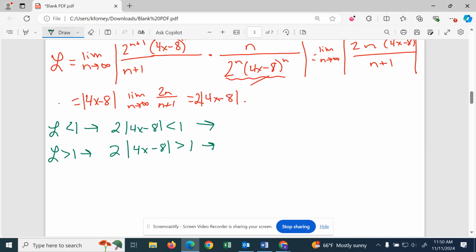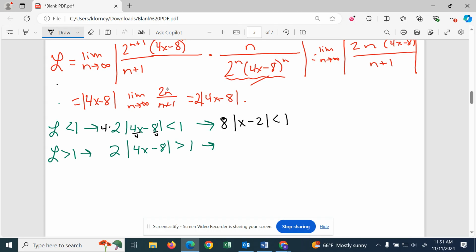So to get this in the form, we need to divide out a 4 from this. And to divide out a 4, you would be multiplying the 2 by 4. So that becomes 8 times the absolute value of x minus 2 is less than 1.